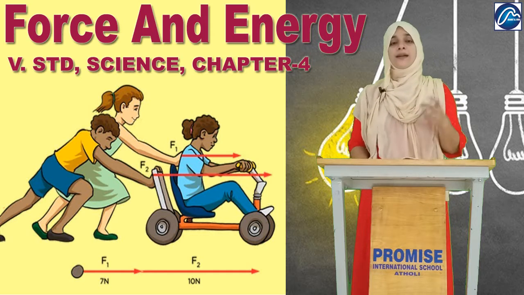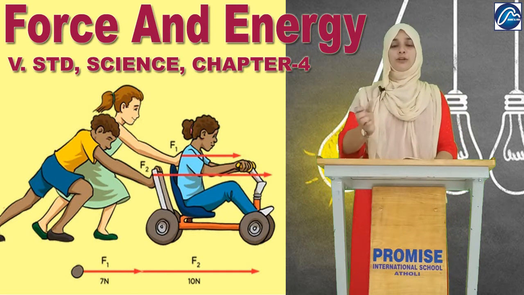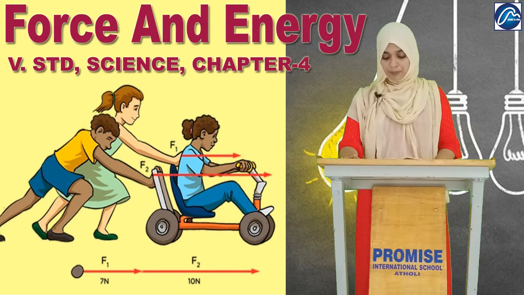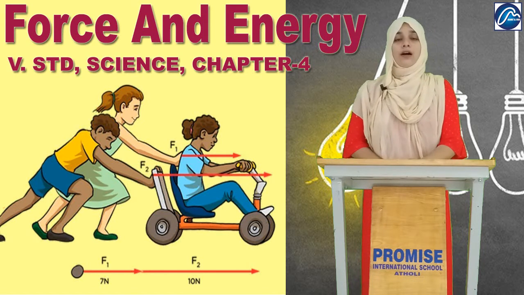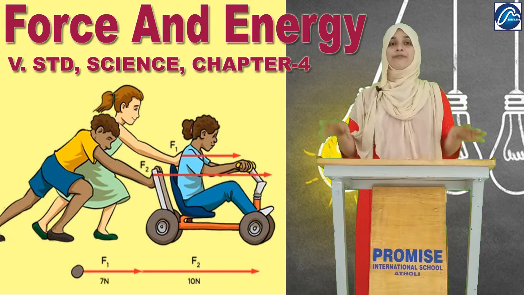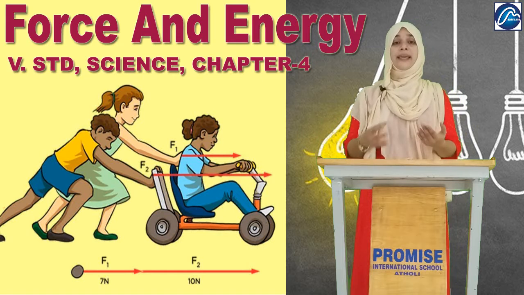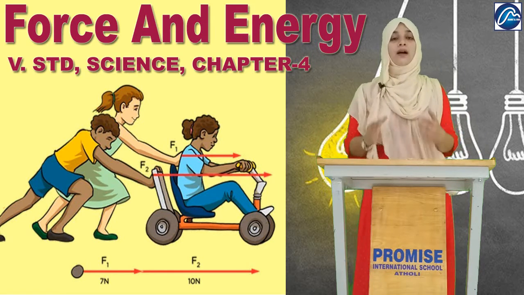There are different types of force. While we are lifting or pushing or pulling, we are applying a muscular force. On television, you might have seen that astronauts are floating in space. An astronaut can't stand straight in space.